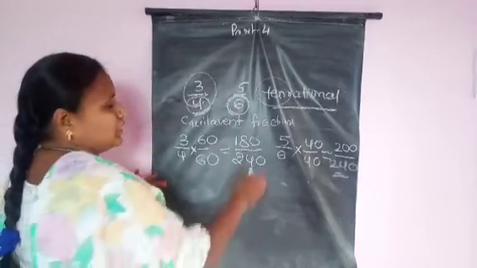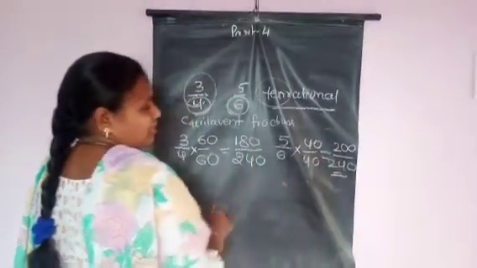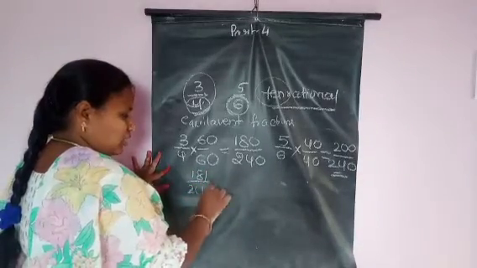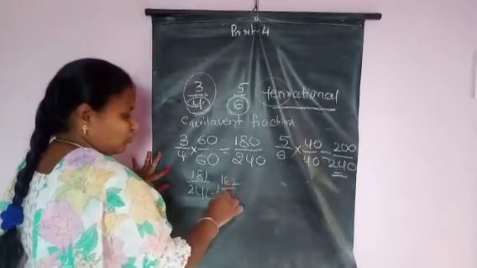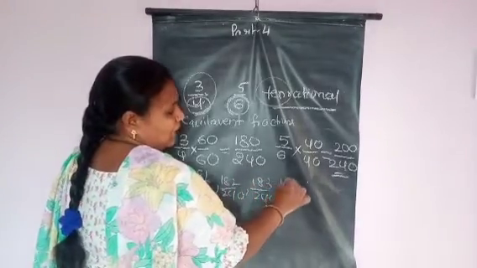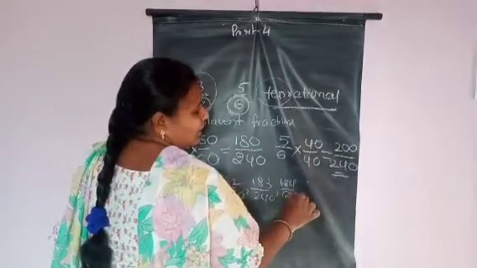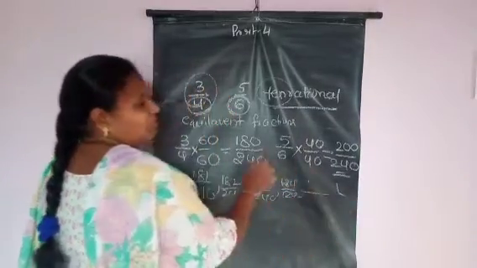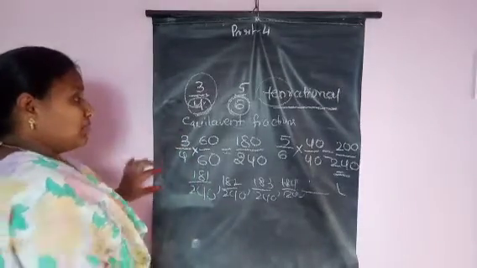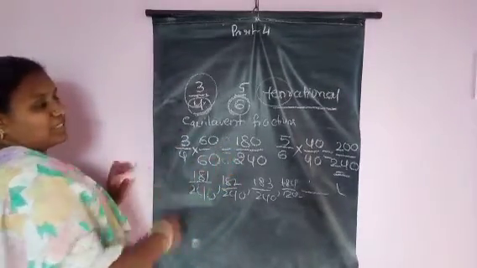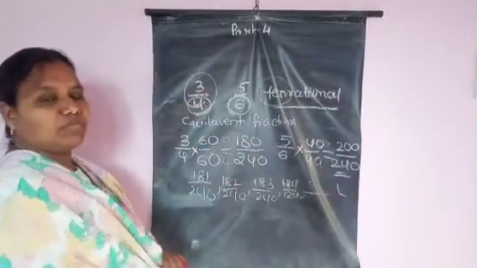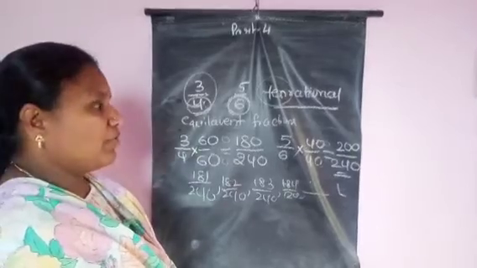Now we can write 20 rational numbers between these: 181 by 240, 182 by 240, 183 by 240, 184 by 240. Like this we can write 10 rational numbers between these two. If we need to find 100 rational numbers, write 600 by 600 and 400 by 400. By doing this we can find an infinite number of rational numbers.